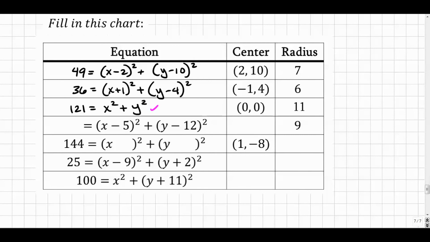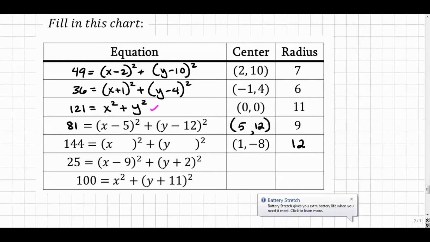Moving on, we have the next one, number 4, I suppose it is. Number 4 has a radius of 9, which means this is 81. Seems that we have x minus 5, so our center, we need to fill that in. Our center is going to be positive 5 and positive 12. Again, it's opposite of what it is over here, the actual center coordinate. Here the radius squared is 144, which means the radius is the square root of that, which is 12.